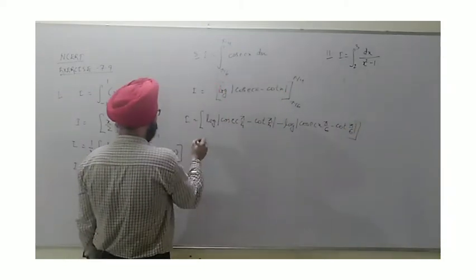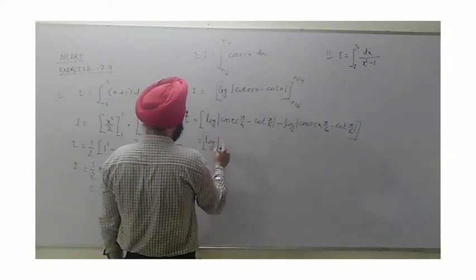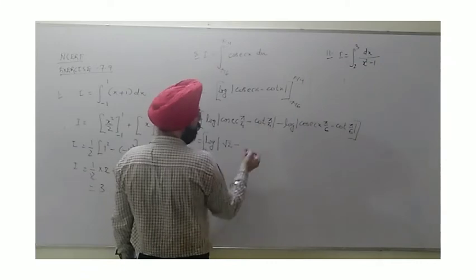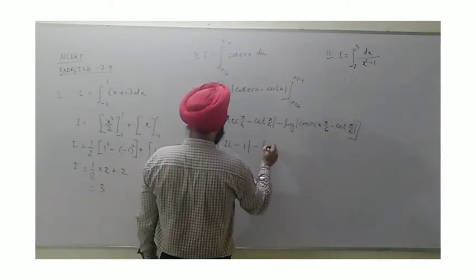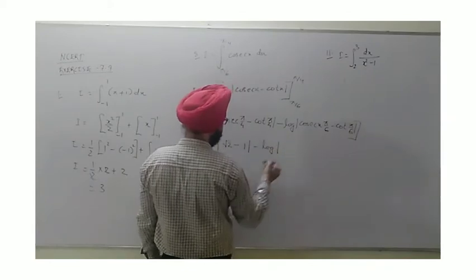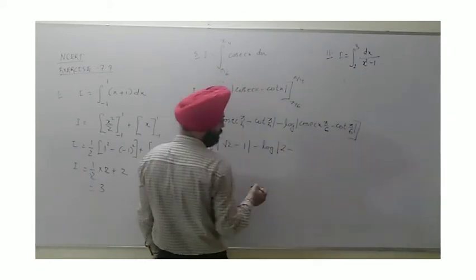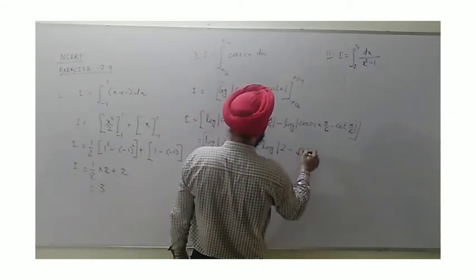Now we have to substitute the values. Cosec pi by 4, as you know, is root 2, minus cot pi by 4, which is 1, minus log of cosec pi by 6, which is 2, minus cot pi by 6, which is root 3.